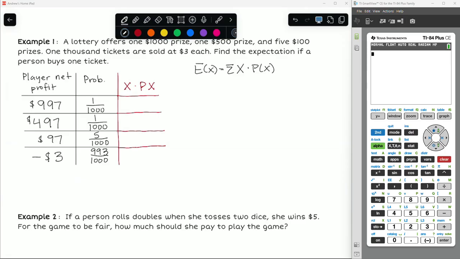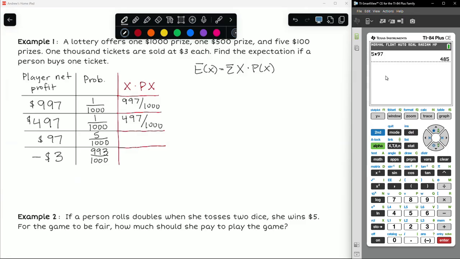So that first one, 1 times 997 is 997. Same for the next one. 1 times 497 is 497. And then on a calculator, I have 5 times 97, which is 485. And then 993 times 3 is 2979, and it's negative because it was negative 3.